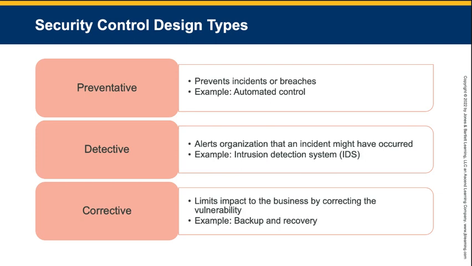When there's a breach in the firewall, the administrator will get an alarm, or even a power failure, for example. And lastly, corrective, which could be backup and recovery, which we see quite often in most organizations, companies or businesses that have a backup of their database daily. This is to prevent any corruption on their hard disk or database.